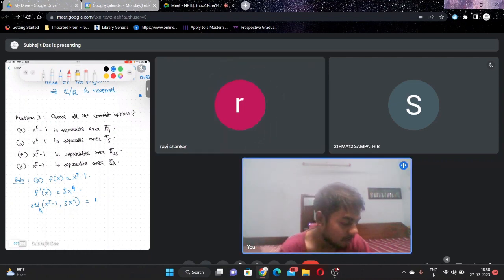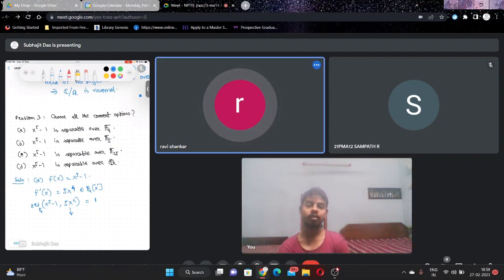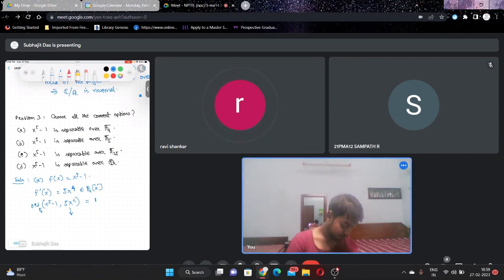So tell me, what are the roots of this polynomial 5x to the power 4 over F9? This is a non-zero polynomial, right?